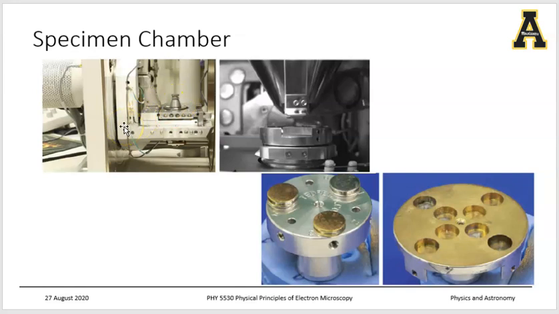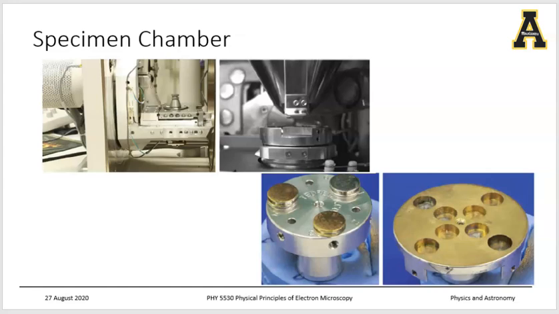But the newer models have something called a load lock. It's a bit difficult to explain over a video, but I might be able to show you some YouTube videos in class later on to show how the samples are loaded into the chamber.